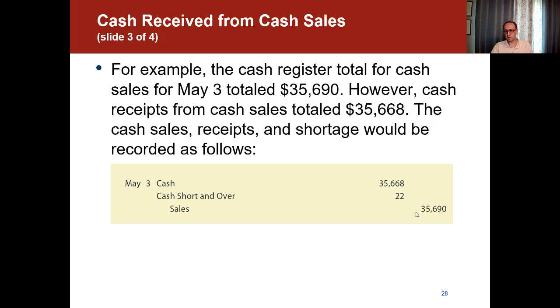So we record the sales based on the actual sales value, and we record the cash based on the amount of cash that we collected. The difference, the 22, is going to be the cash short and over, and it's on the debit side. This indicates that it's a shortage. If it was an overage, the cash short and over would be on the credit side.